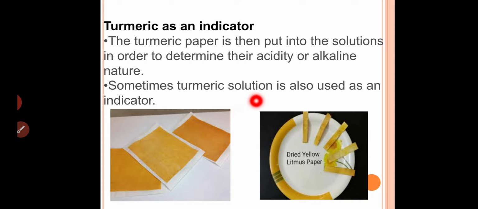Sometimes turmeric solution is also used as an indicator. For example, if you take soap powder and put the turmeric paper in the soap water solution, its color turns red. So it indicates that the washing powder contains bases. Okay.